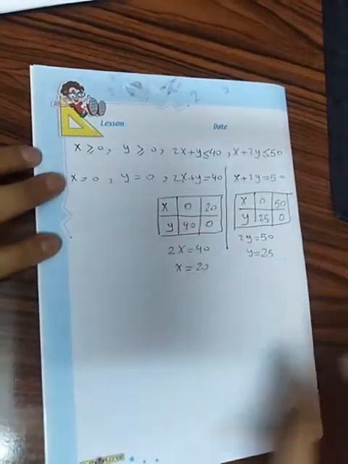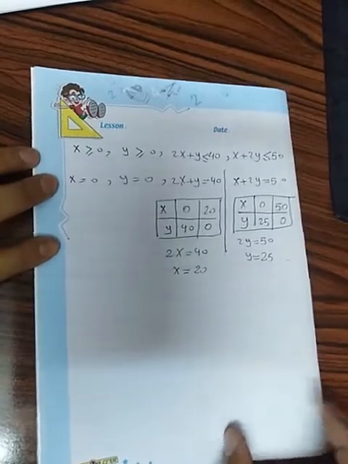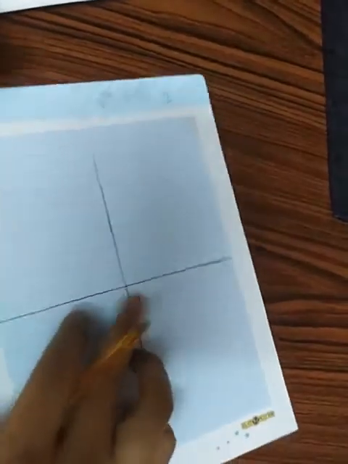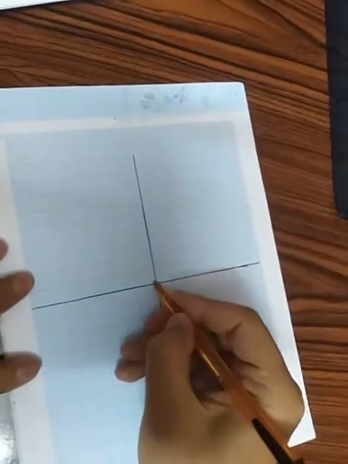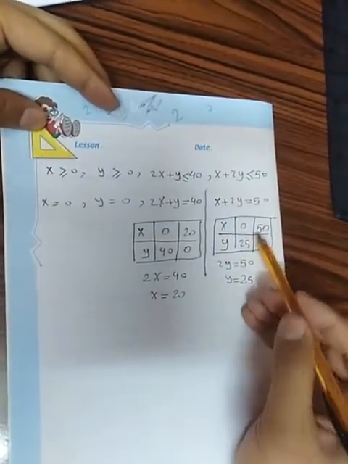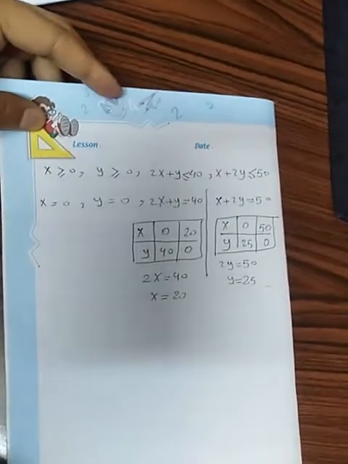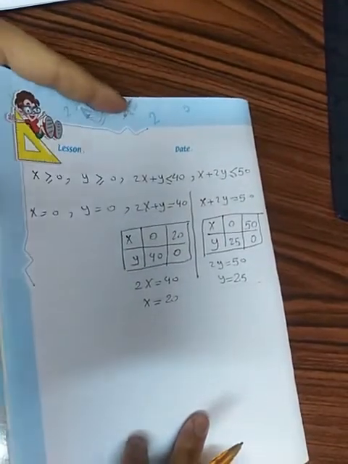These are the two tables. And after that, let's graph these 4 straight lines. Note that we have here 20, 40, 25, 50. To get this on the lattice, we can't use 0, 1, 2, 3, 4 and so on.